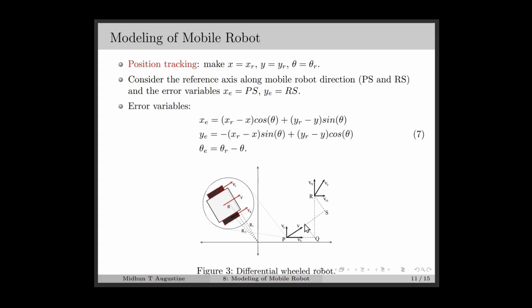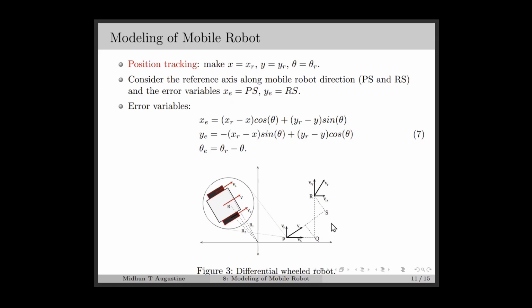Then this remaining distance will be the same as this distance if we complete a triangle here, and we can see this distance as (YR minus Y) sin theta. Therefore, PS is obtained as (XR minus X) cos theta plus (YR minus Y) sin theta.